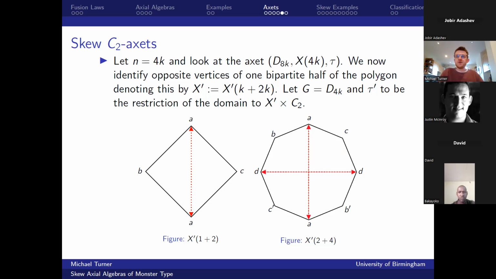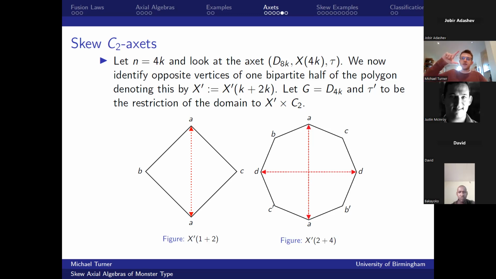What we're then going to do is look at one bipartite half of the polygon. So we can label all the vertices by, say, the integers, and then look at the even indexed vertices.